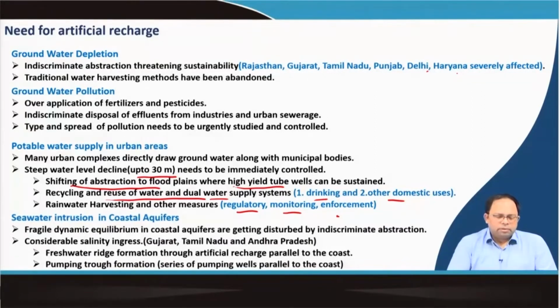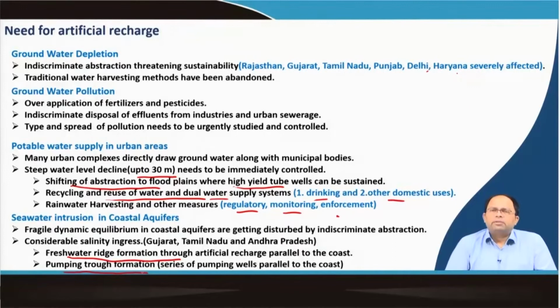So then we are seeing seawater intrusion in coastal aquifers because of groundwater abstraction, and artificial recharge can prevent that to a certain extent. What we can do is form two things. Either we can form freshwater ridges, or we can create troughs using pumping.